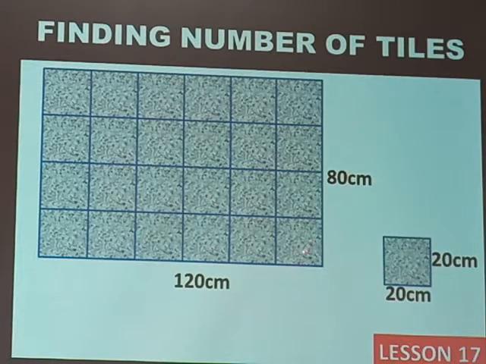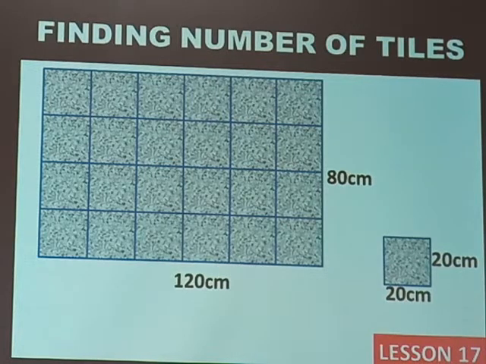Now, along the width of the room, we have 80 centimeters, the side of the tile still is 20 centimeters. So if we divide 80 centimeters by 20 centimeters, what shall we get? We shall be able to get 4. So we have 1, 2, 3, 4. 4 tiles.